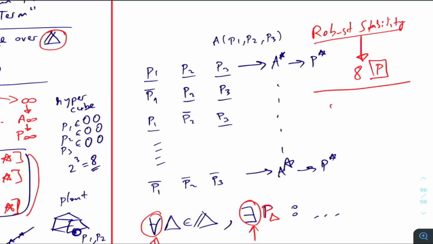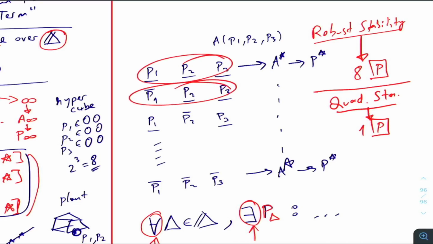However, for the quadratic stability case, we only need to find one P, only one P that is valid for every one of those cases, right?